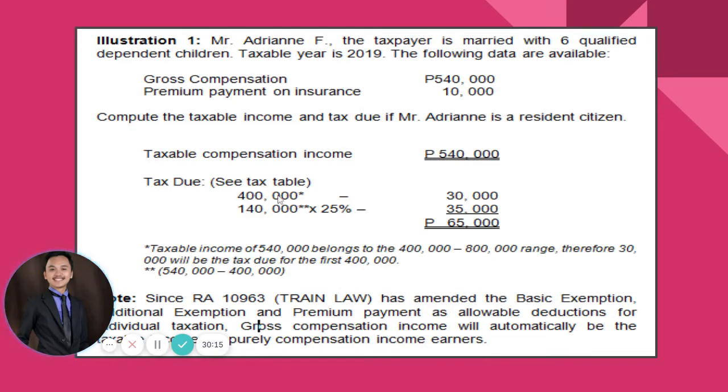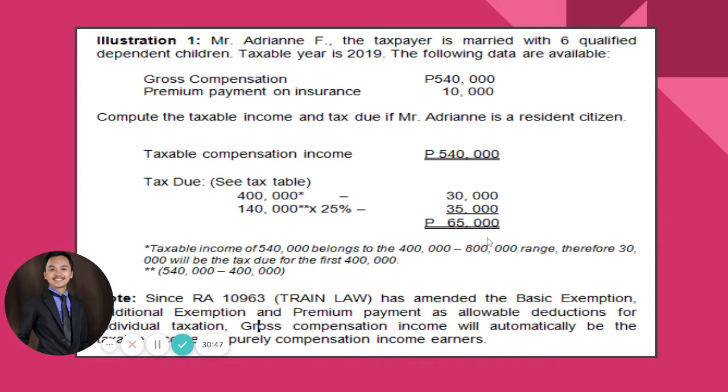For the first 400,000, it is subject to 30,000, and then the excess over 400. How much is the excess? 540 minus 400, so there is an excess of 140 times the designated rate of 25%. So 140 times 25% is 35,000. You combine 30 plus 35, therefore the total tax due of Adrian will be 65,000, assuming that Adrian is only a pure compensation income earner.